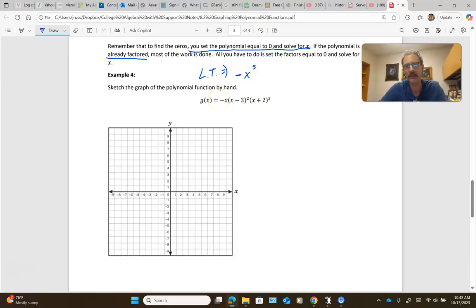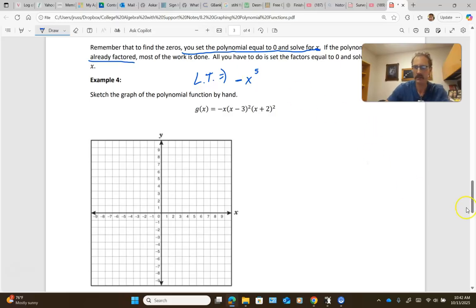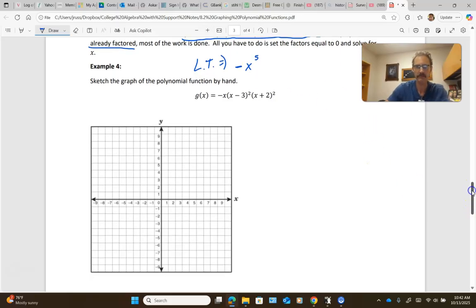And so if we know what the leading term is going to be, then we can figure out the end behavior. The leading coefficient will be negative, and then the degree of the polynomial is going to be 5, which is odd.